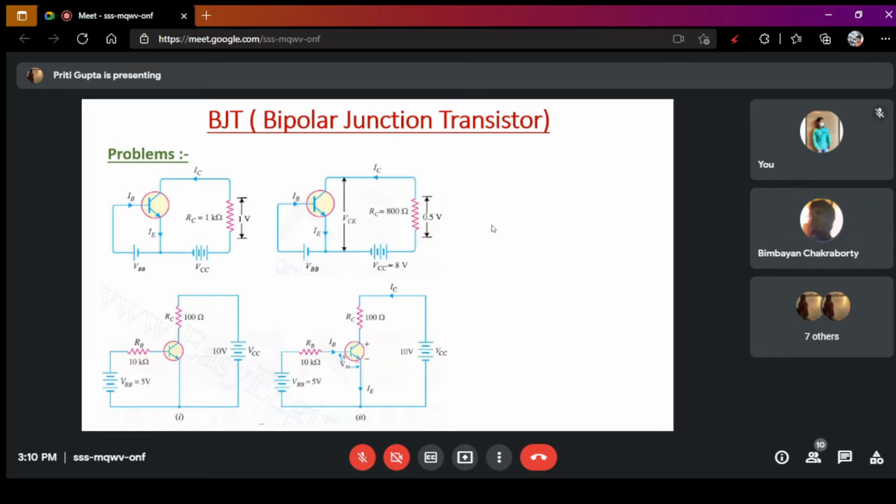Upper row, second one. Focus on problems, okay? Mainly focus on problems.